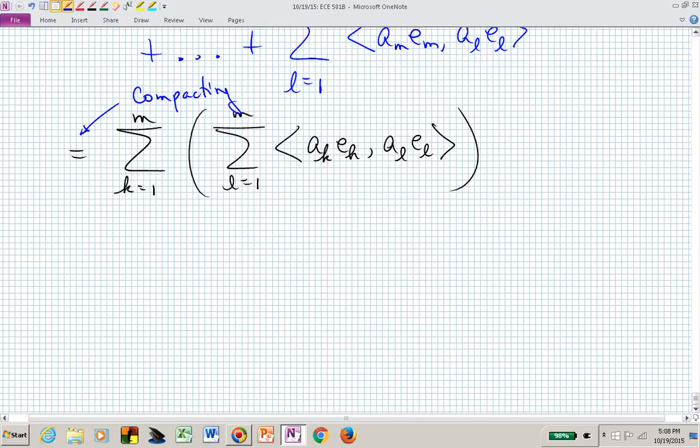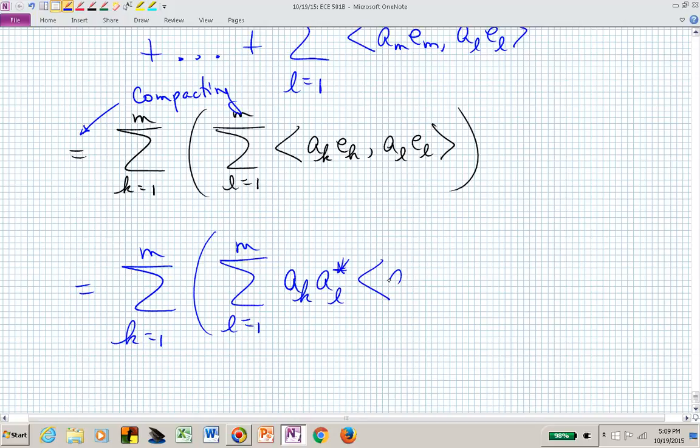So now we can apply our homogeneity of the first slot and our conjugate homogeneity of the second slot to end up with writing this as the sum from K equal 1 to M and a sum from L equal 1 to M of a sub K, a sub L conjugate times e sub K inner product with e sub L.